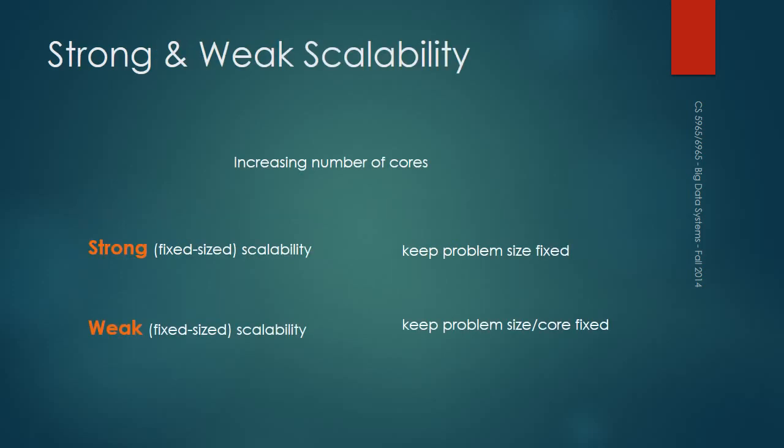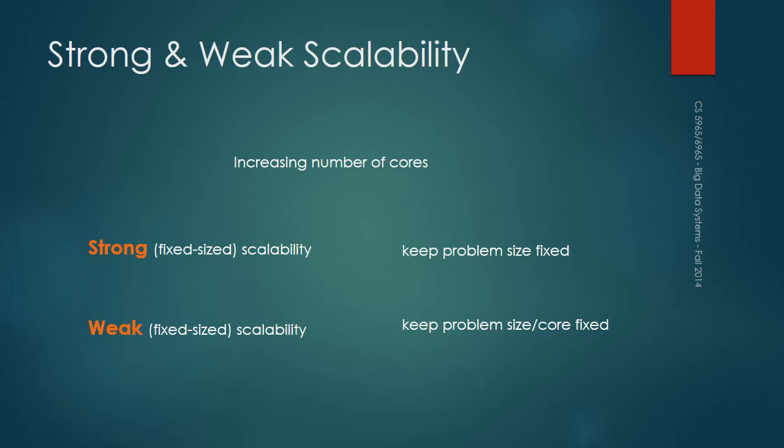And that sort of gives you the other way to analyze it, which is what we popularly call strong and weak scalability. And you'll understand why it's strong and weak. So assume that we have an increasing number of cores, and I'm using cores in a very generic fashion. Think across your GPU cores to CPU cores to the nodes on a big cluster.